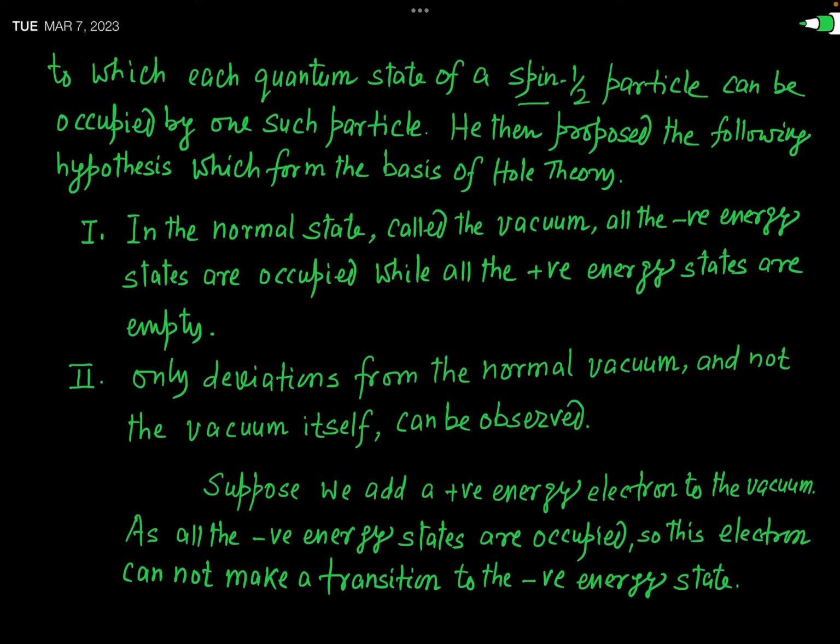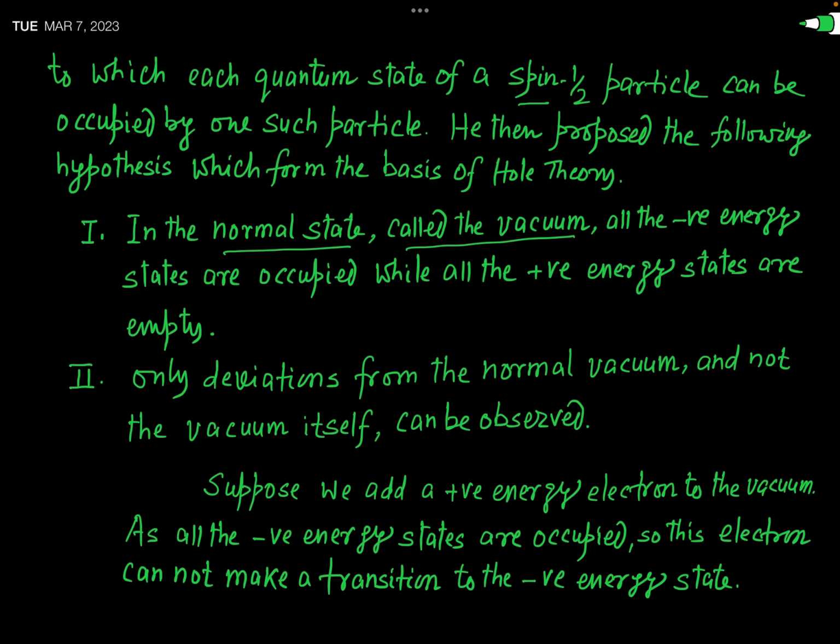The first postulate proposed by Dirac was in the normal state called the vacuum. Normal state, which is called vacuum, that is the negative energy state is called actually vacuum because it is not observed. So this negative energy state is also called vacuum. Okay.